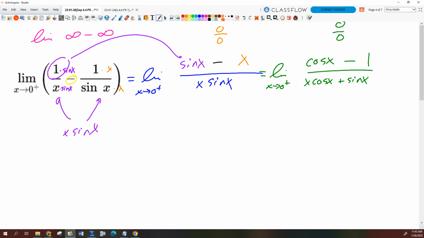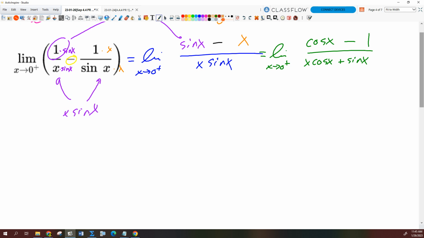So what do I do? Again, yep. So we differentiate. On the top, derivative of cosine, negative sine x. On the bottom, yikes, right? I'm going to have another product rule.